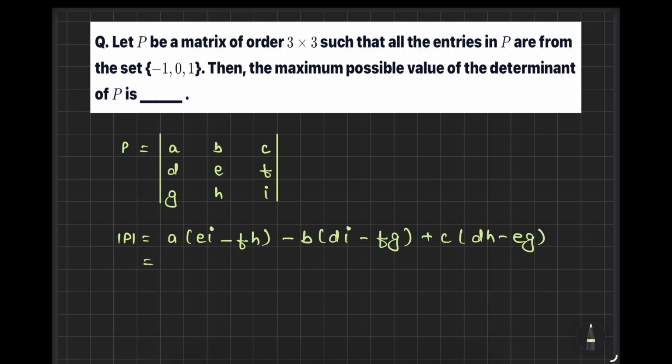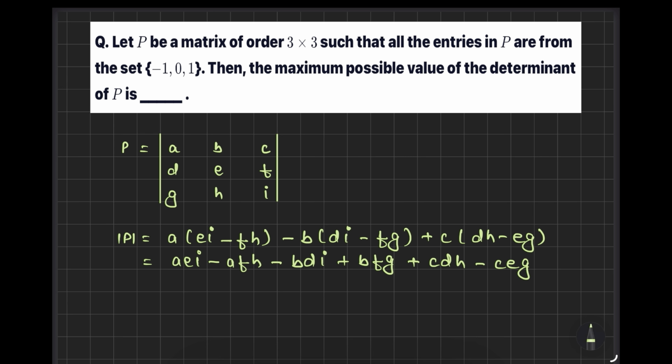Now, for the time being, I'll open this bracket. So, AEI minus AFH minus BDI plus BFG plus CDH minus CEG.